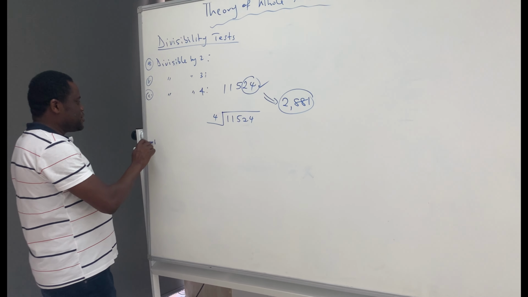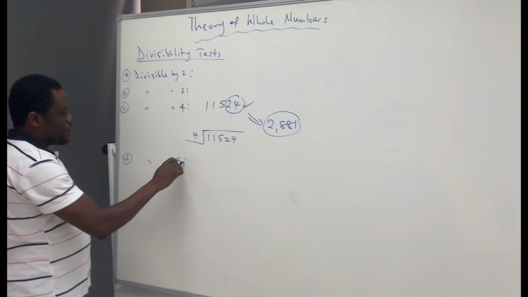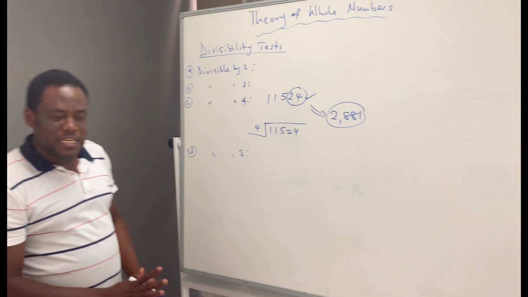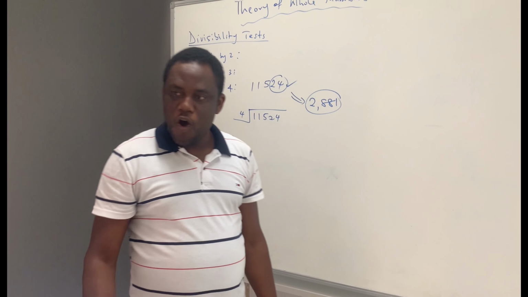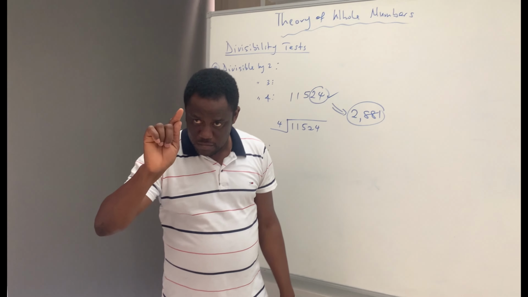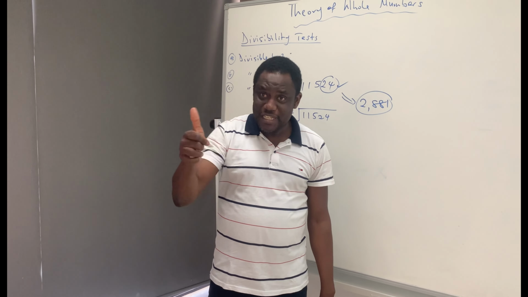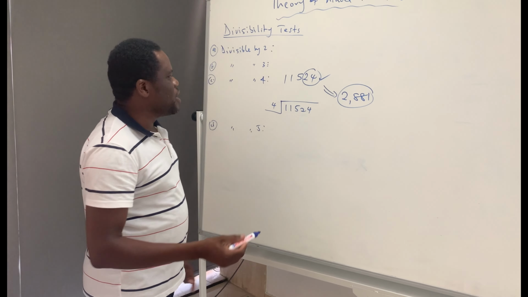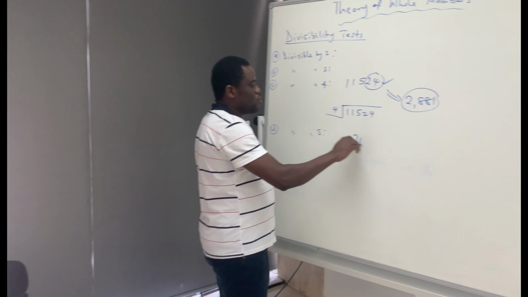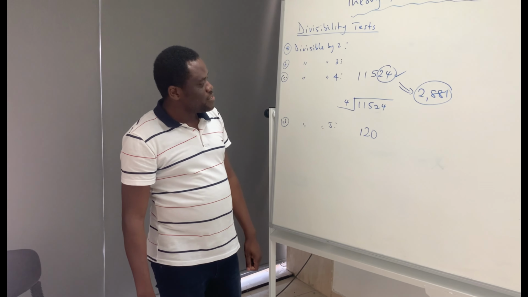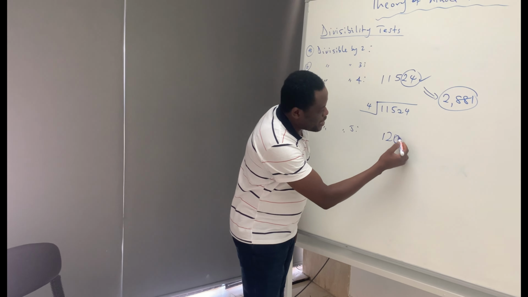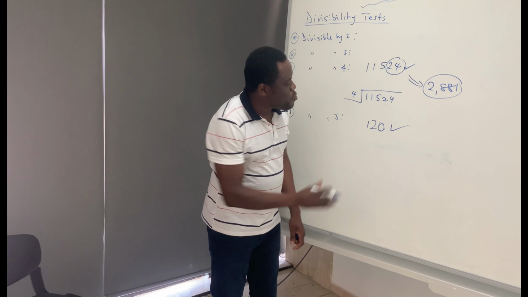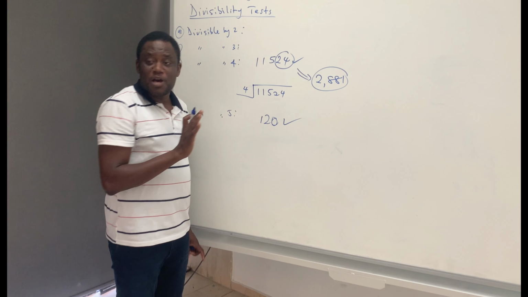Now, divisible by 5. If the last digit of the number is 0 or 5, it means it's divisible by 5. Let's take an example. Let's say we have 120. Can 5 divide this? Since 0 is the last number, yes. No matter what comes after and before, it's not our business.